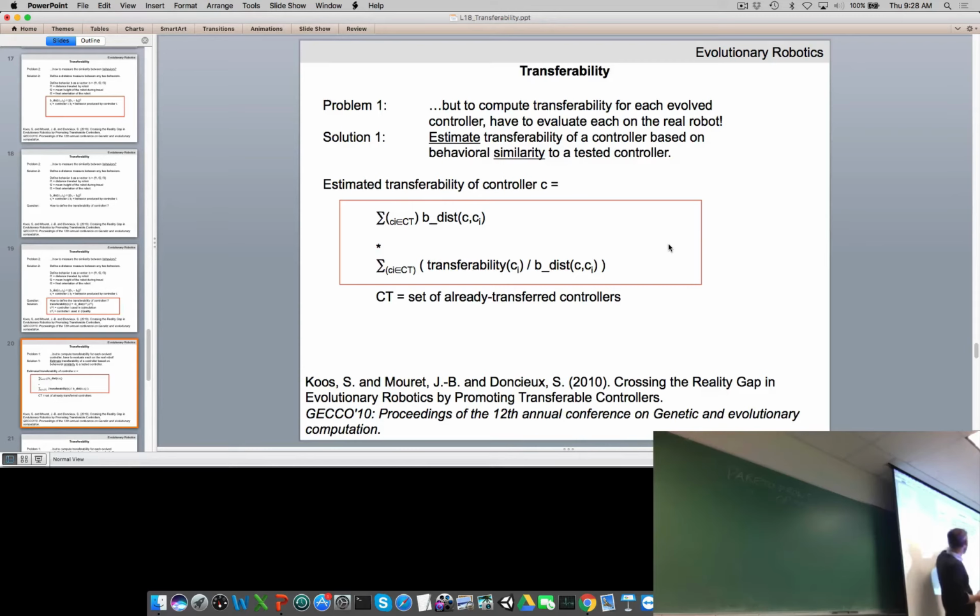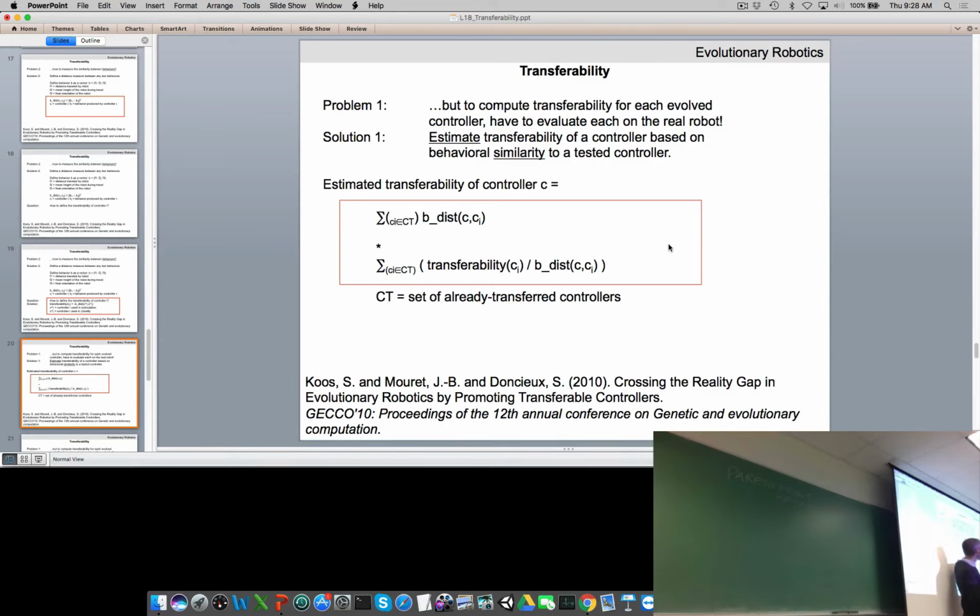And we keep summing them up. So we pull another CI out of the bag. We know the transferability of CI, and we divide by the distance between CI and C. Maybe there's one more detail here that's useful.